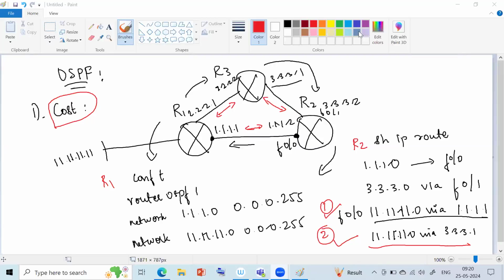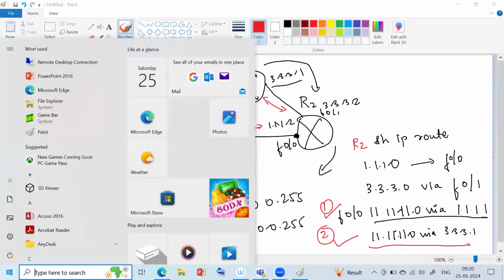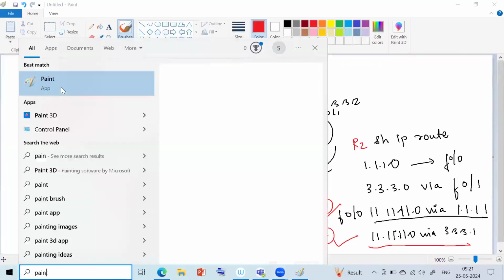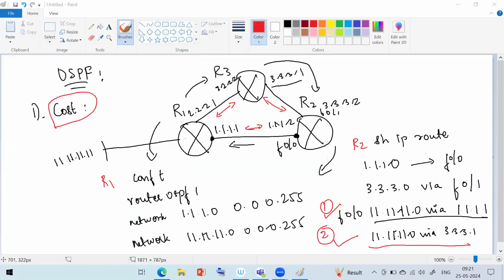Yeah, sure. I'll let you know. I was just speaking about the same. How it will select the cost, how it will decide which one is better. Now we'll take the same diagram again.